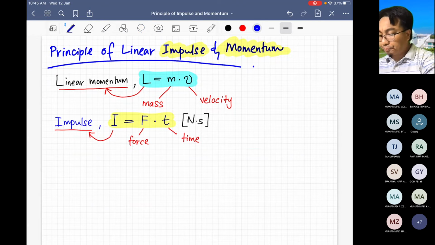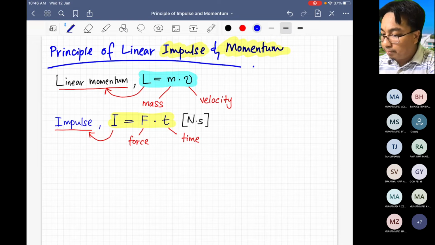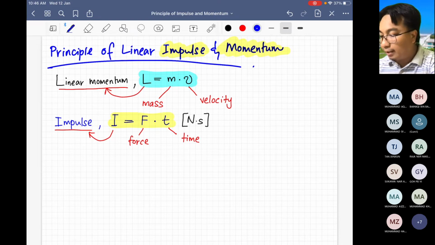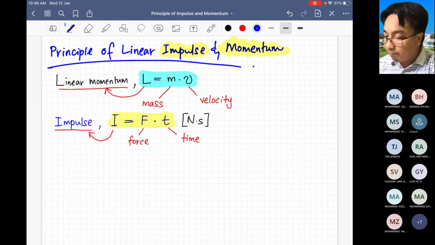So how do we combine linear momentum and impulse that we defined earlier into the principle of linear impulse and momentum?